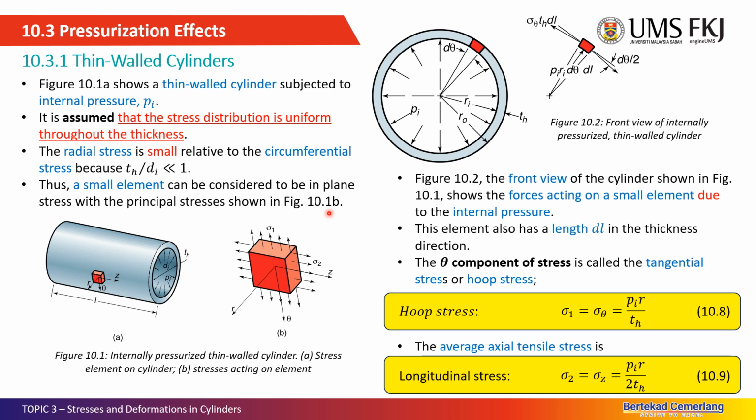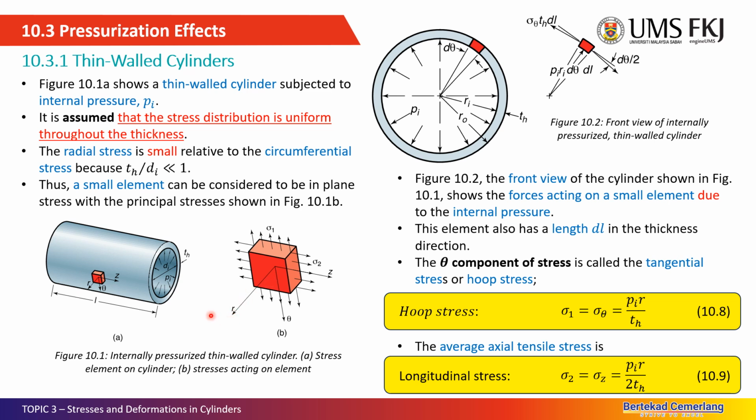When we want to calculate this stress, we take this small element and draw it like this. So we have sigma 1 for the first stress and sigma 2 the second stress, which is along the z axis. The sigma 1 is in the theta direction. Another one is the radial axis.